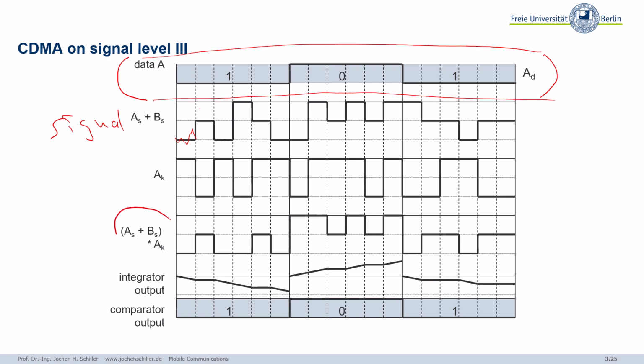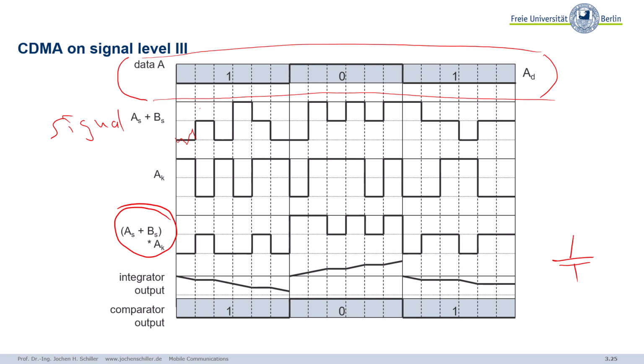That means we calculate the inner product of the received signal, the sum of the two signals we've just sent. Inner product. And now, just to explain it in an easy way, think of an integrator. In technical terms, it could be a capacitor, for example, collecting either positive or negative signals.